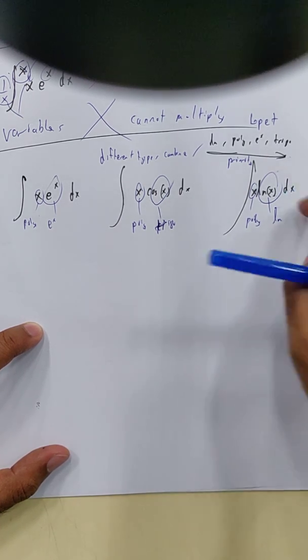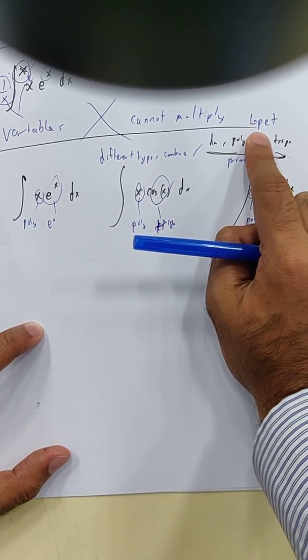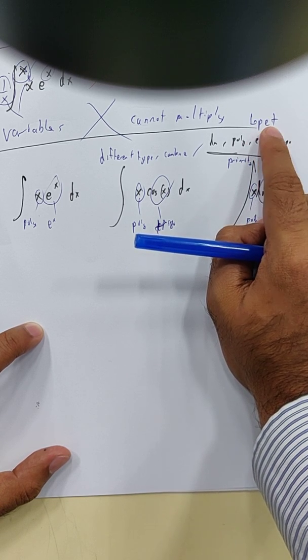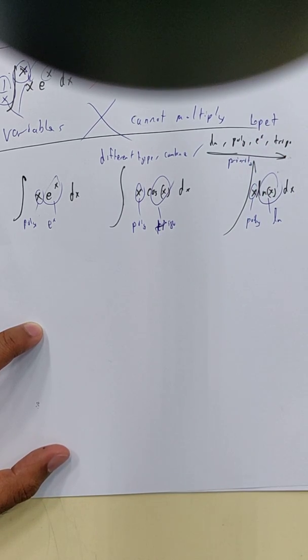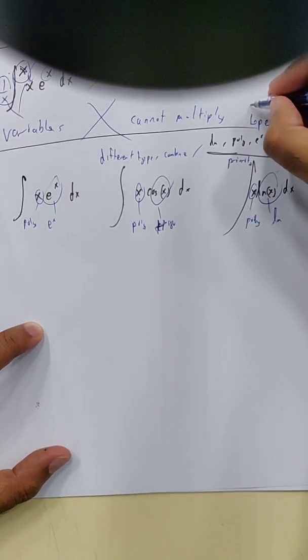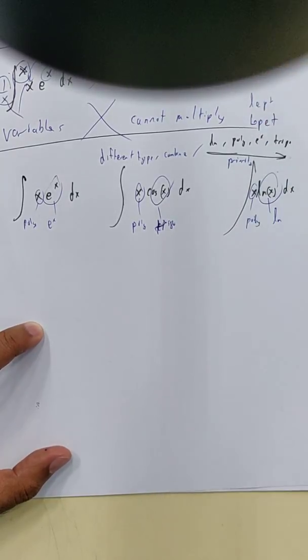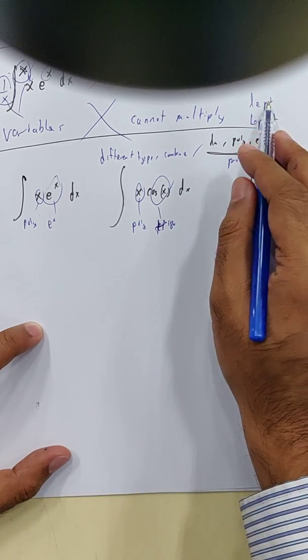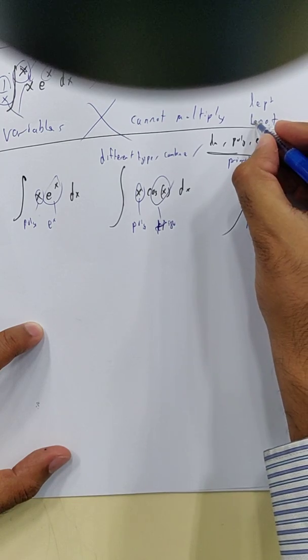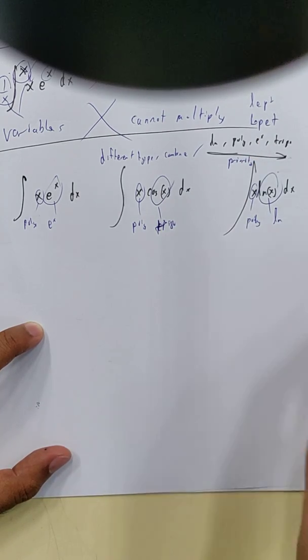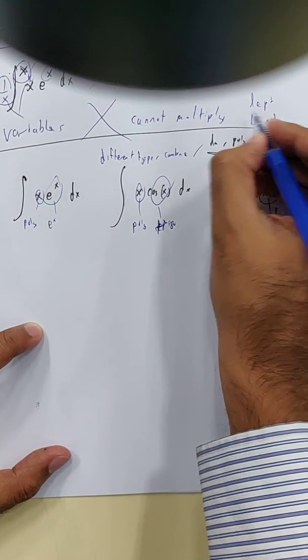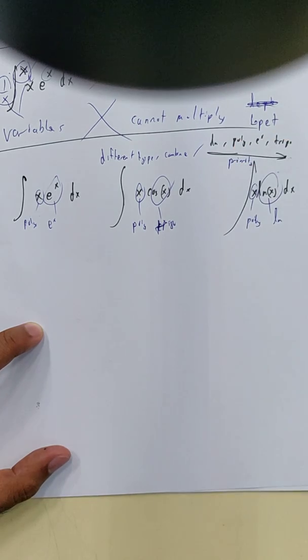Firstly is lawn, then poly, and exponent, and trigo. Lawn pad. Why I prefer lawn pad instead of lepet? If lepet, you might memorize it this way. This is lepet, which is kind of the same as without the n just now. Okay? So I prefer if we add an n, become lawn pad.